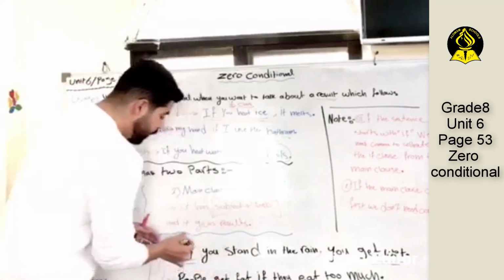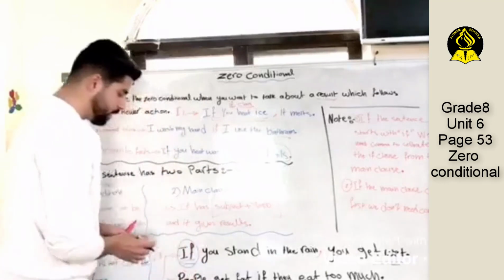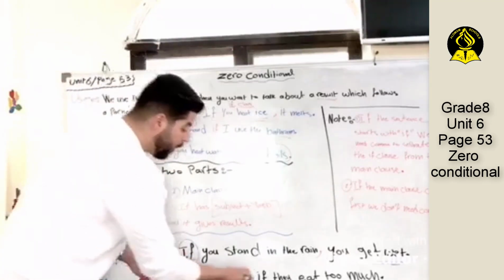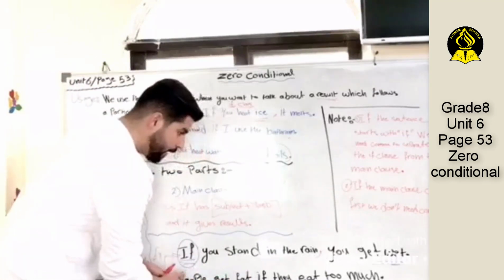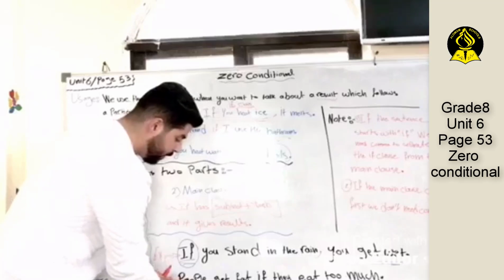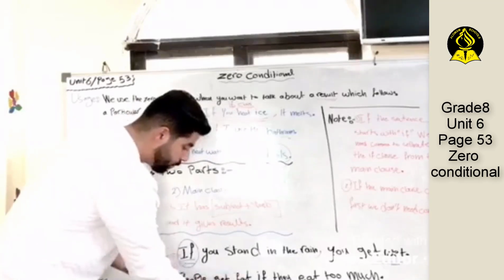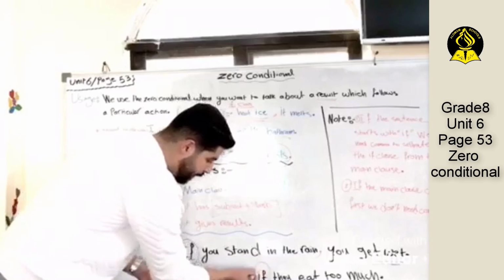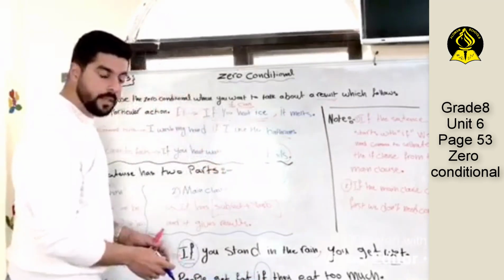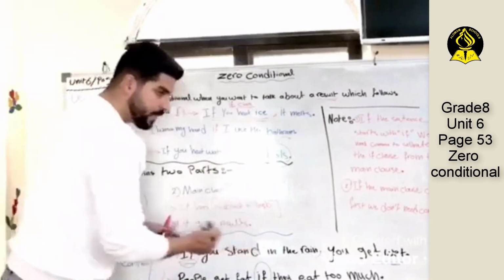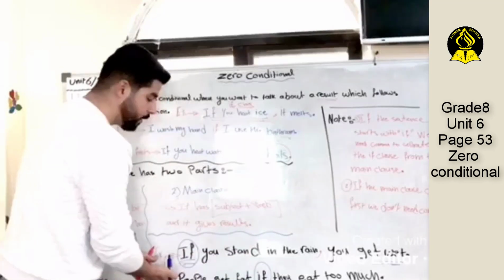Look for the sentence. We started with if in the first sentence. In the second sentence, the sentence starts with the result, and if comes in the middle of the sentence, not in the beginning.